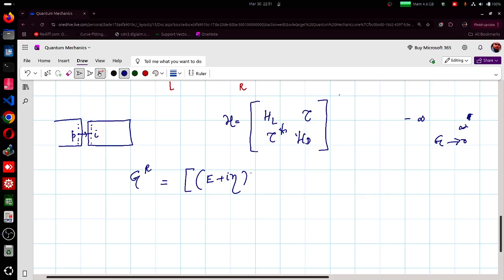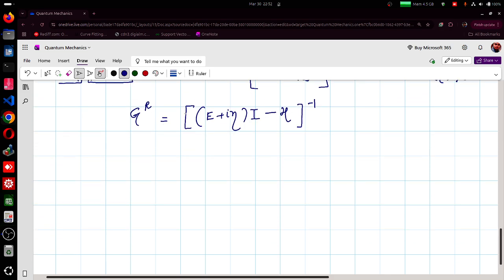So now this is a matrix, so it will be multiplied by identity minus the Hamiltonian, inverse. Now how to calculate this? Since our Hamiltonian is divided into submatrices, our Green's function will also be divided into submatrices.